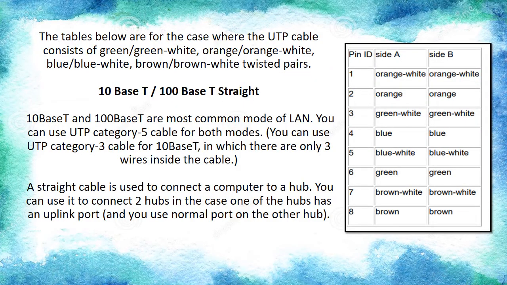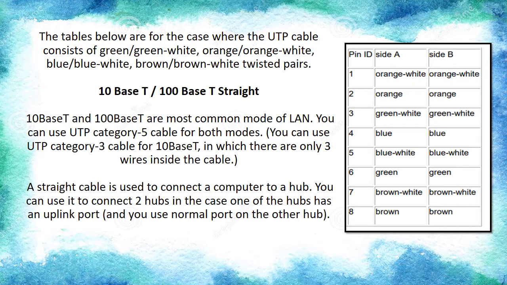The tables below are for the case where the UTP cable consists of green or green-white, then orange and orange-white, then blue-white, then brown-white twisted pairs.